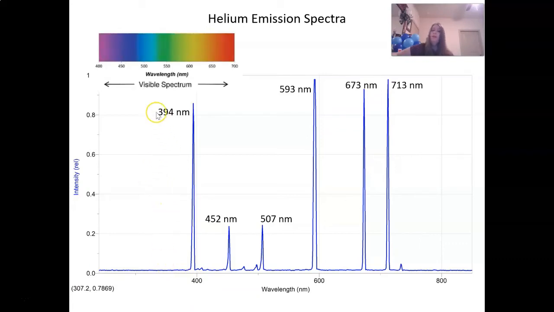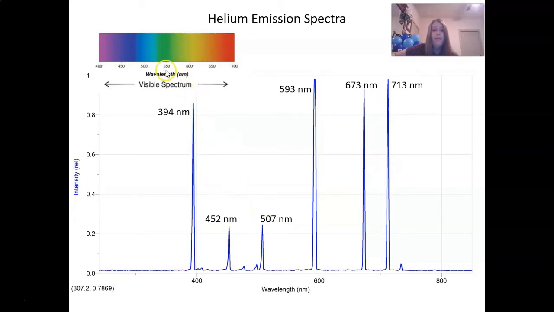So let's think about the colors that we would be able to classify these. 713 would be at the edge of the visible spectrum into the near infrared or IR light. 673 would be right in the dark reds. 593, just a little under 600, would be in the yellows.